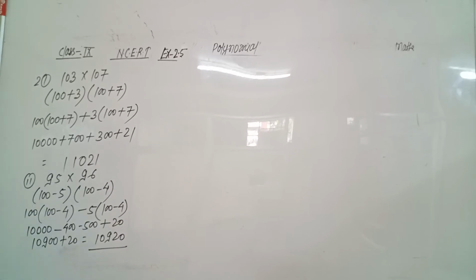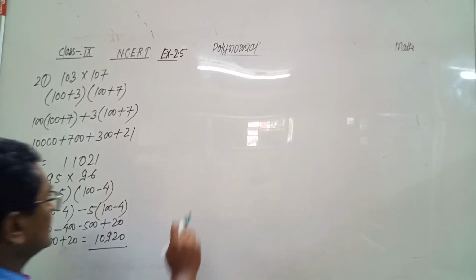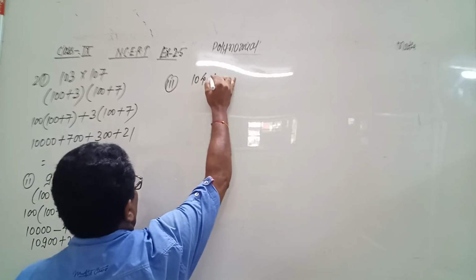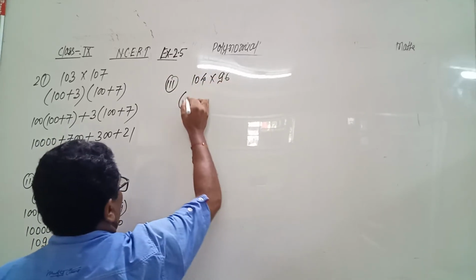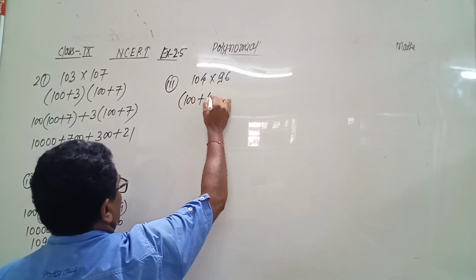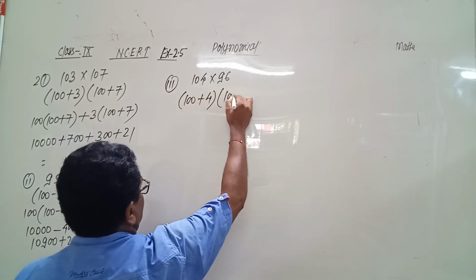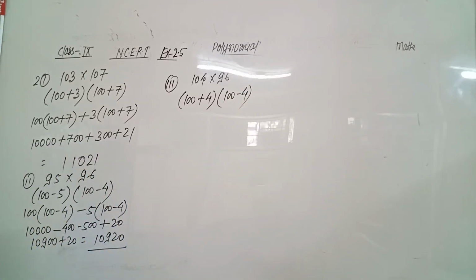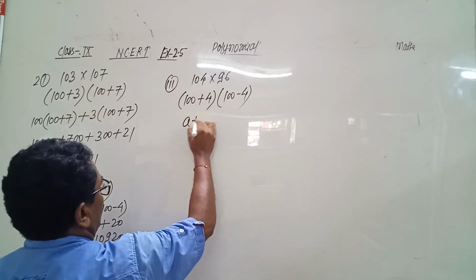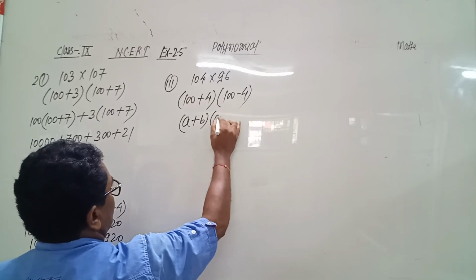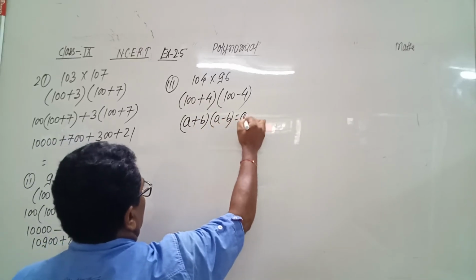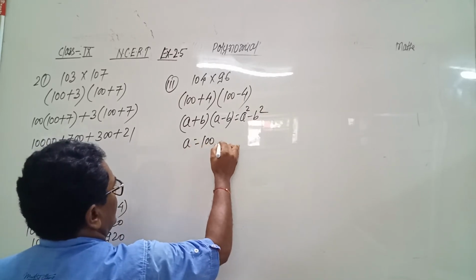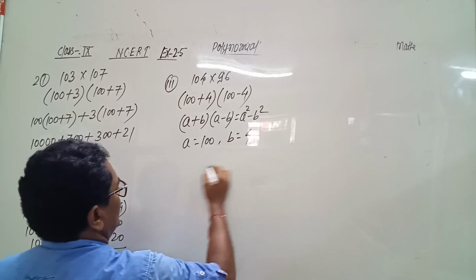The third part is 104 into 96. 104 will be written in terms of 100 and 96 is written in terms of 100. So we use the identity a plus b into a minus b equals a square minus b square, where the value of a is 100 and the value of b is 4.